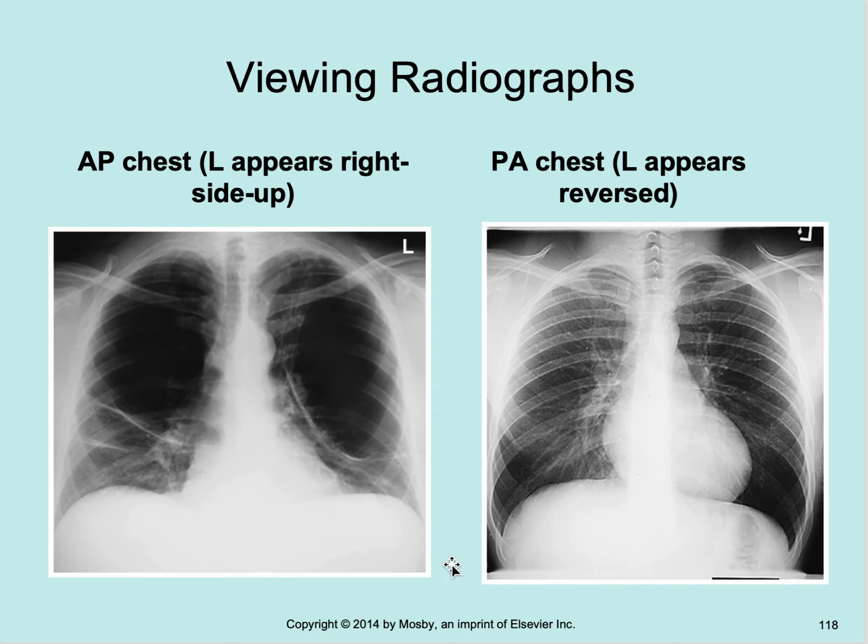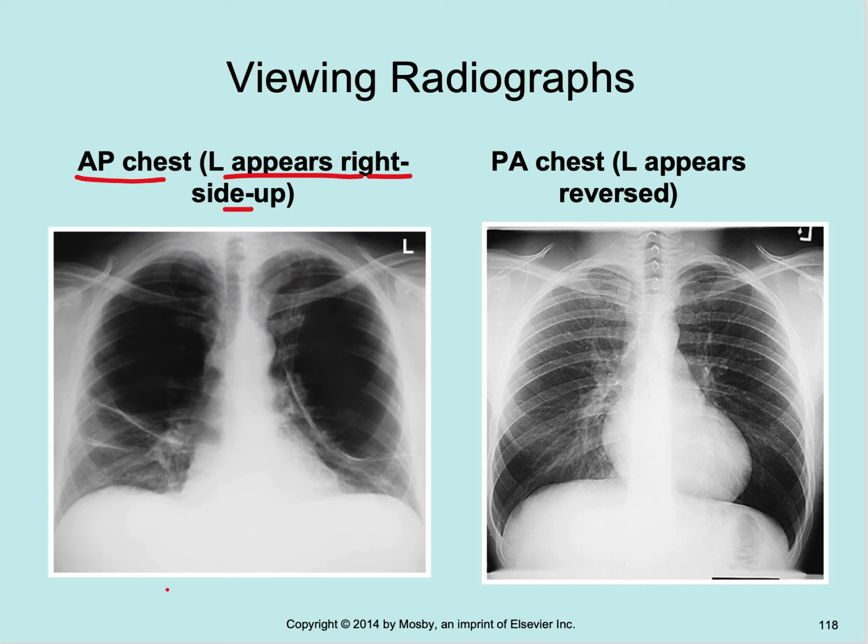So viewing radiographs, AP chest, right? So this is your AP chest. Here, left appears right side up. So left appears right. So this is your AP chest. So that travel of the beam enters the anterior aspect, exits the posterior aspect.